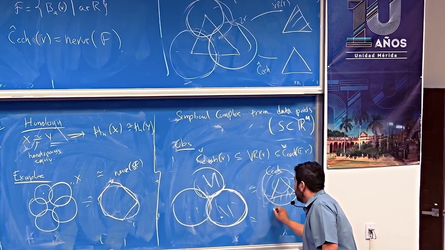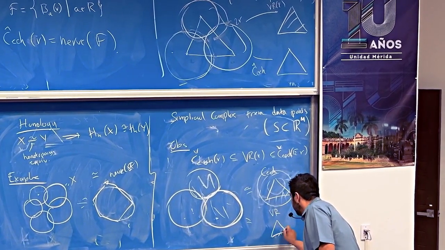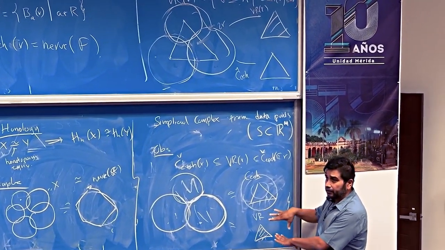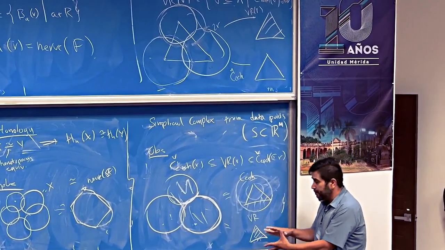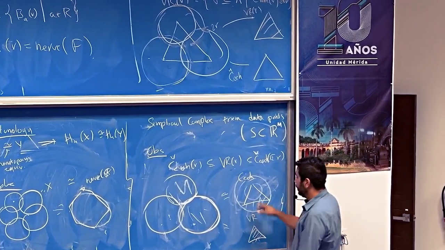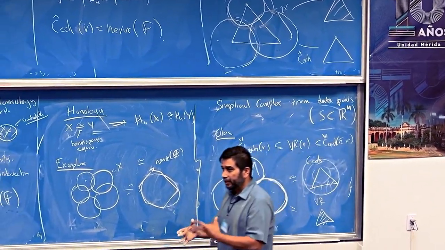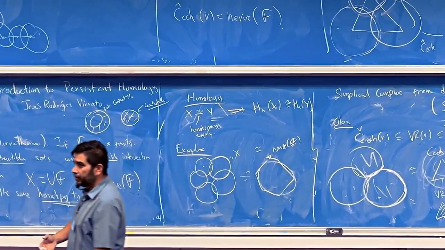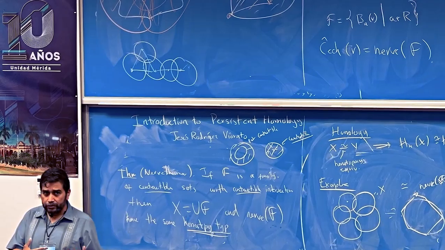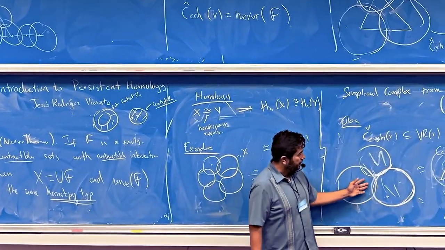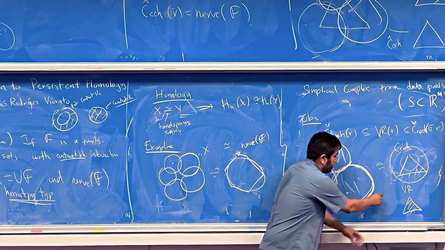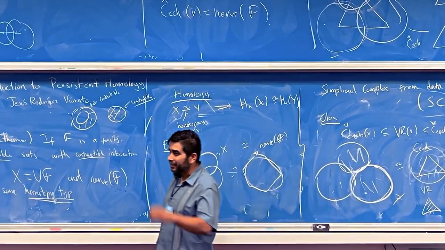But the Vietoris-Rips is going to give you a triangle with a two-dimensional face in the middle, and this has the homotopy type of a point. This is contractible, and this is not. So the homotopy type changes when you use Vietoris-Rips. This is the same, but this is not the same. This is an example. Thanks.